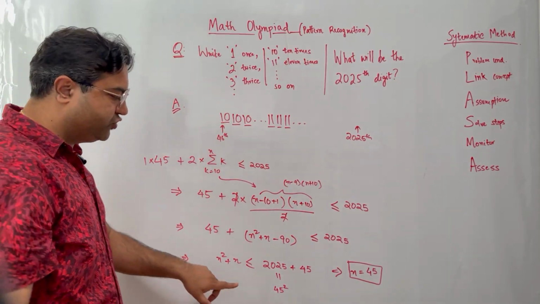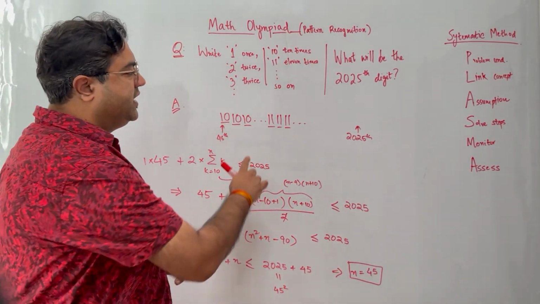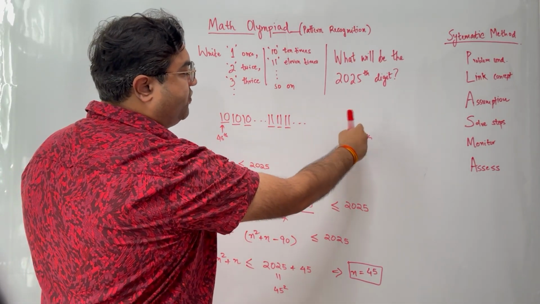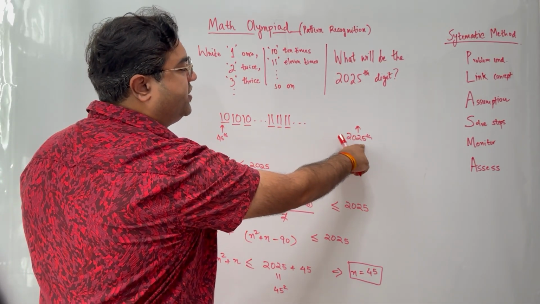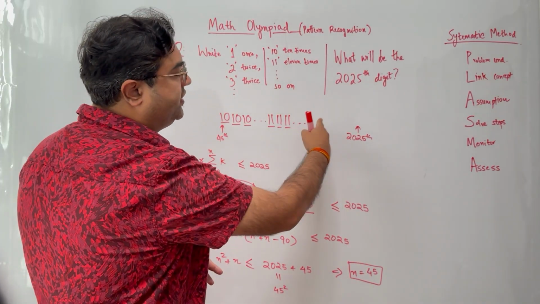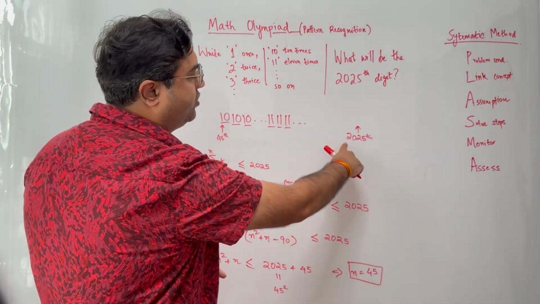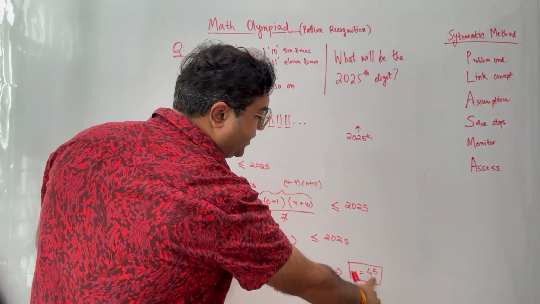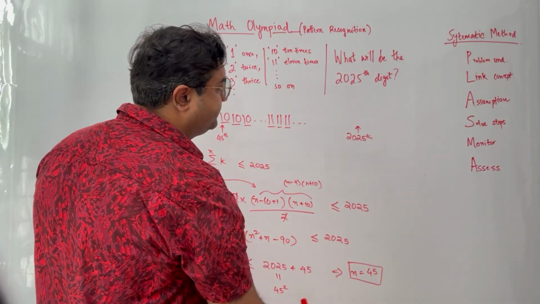So when n is 45, the number 45, when you write it 45 times, will end on the 2025th term. So the 2025th digit is going to be the last digit here, 5.